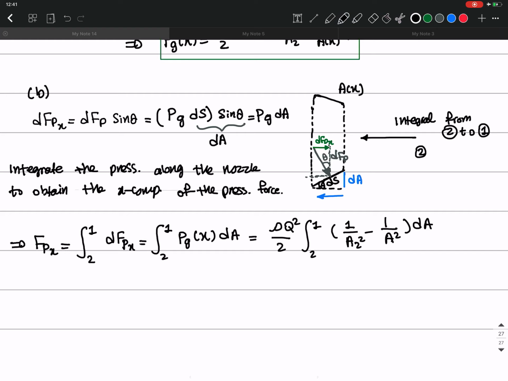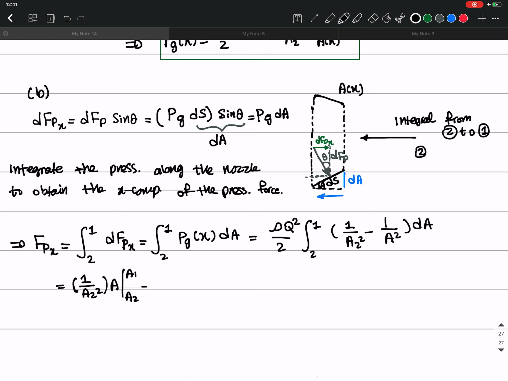The first term of the integral, which is this one, is constant. It's just a constant number, right? A2 squared. So the integral of that is going to be that constant times A, and A varies from A2 to A1.